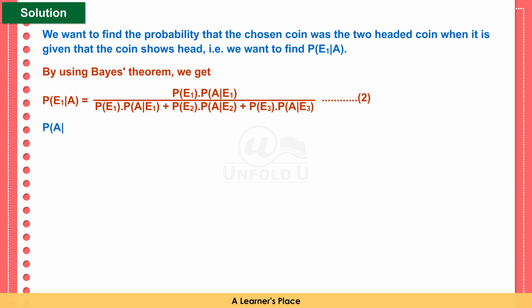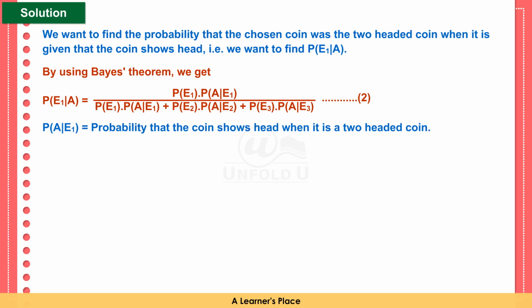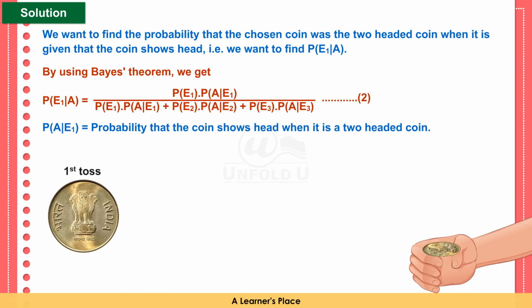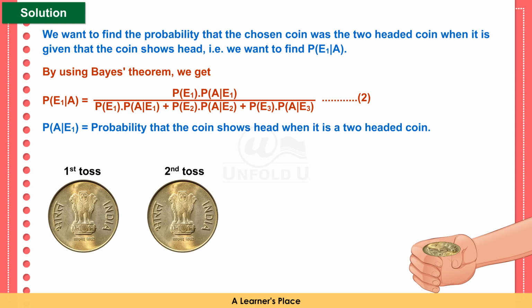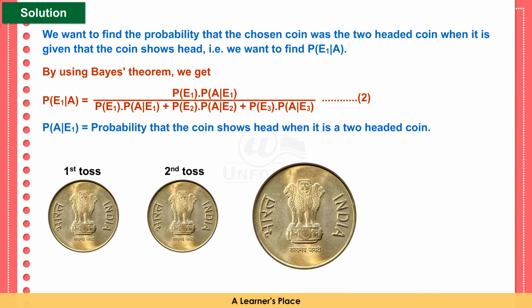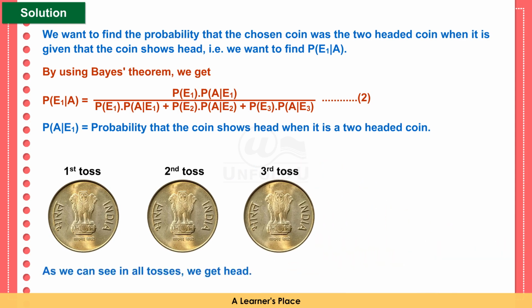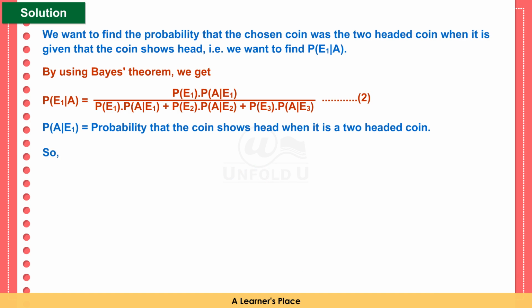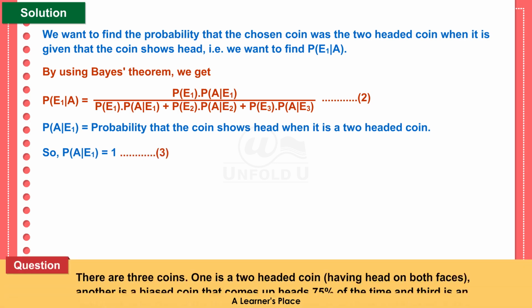Probability of A given E1 is equal to probability that the coin shows head when it is a two-headed coin. But if we toss the two-headed coin, the coin will always show head, as there is no other option. So, probability of A given E1 is equal to 1. Mark this equation as 3.